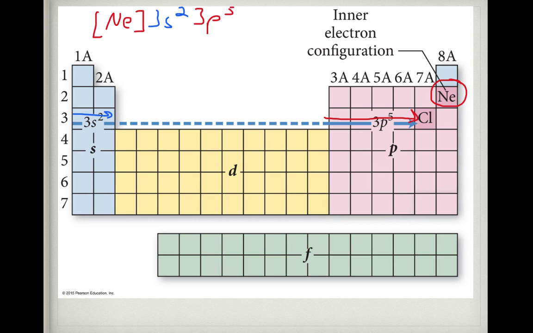So our electron configuration would be neon, 3s2, 3p5. Or if we wanted to go all the way across, we would have 1s2, 2s2, 2p6, 3s2, 3p5.